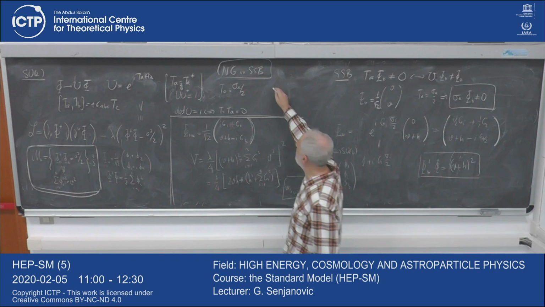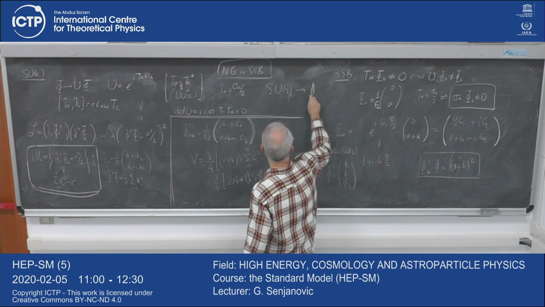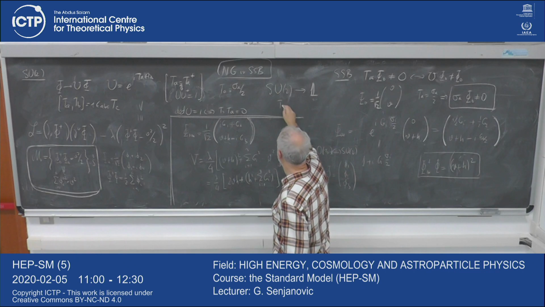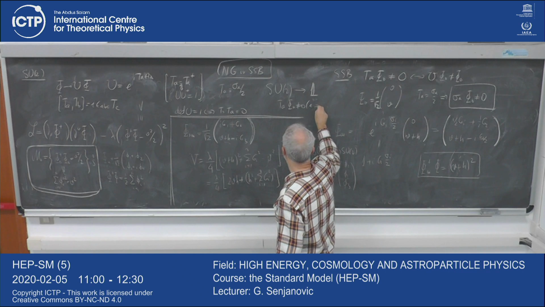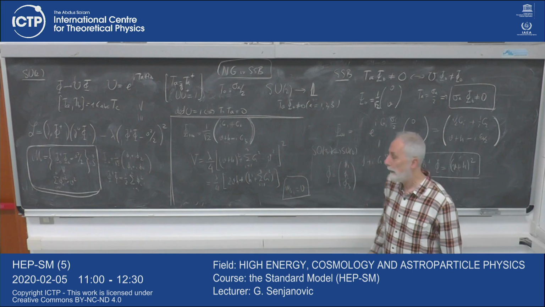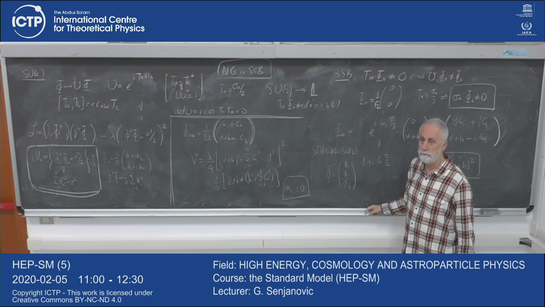So we say here, I forgot to say, SU2 is broken down to nothing. There is identity. Why? Because all the generators are broken. TA acting on phi 0 is not 0 for all 3 of them. All of SU2 is broken. If I have a vector, what do you think will happen? Same thing?